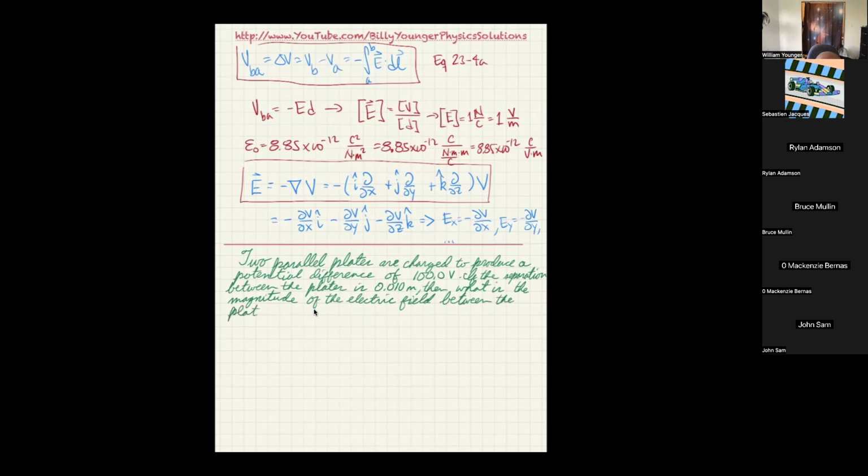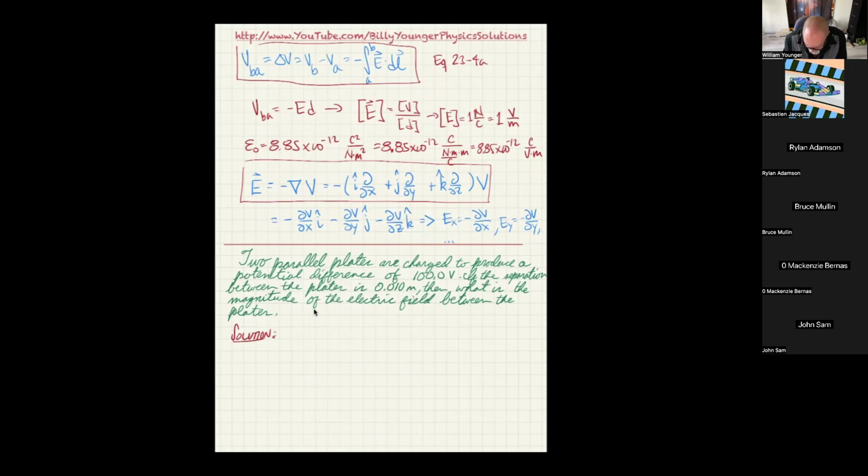So we basically have what I've been hinting to you guys about: a positive charged plate and a negatively charged plate. They're parallel to each other. They're uniformly distributed charges over the surface. They're separated by a distance d. Specifically, what we're going for here is we want to know the electric field.